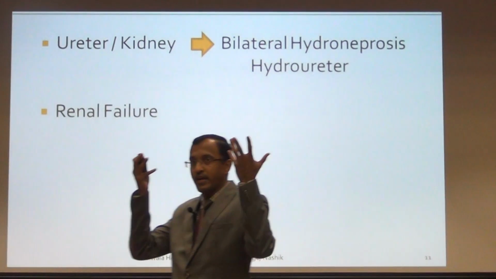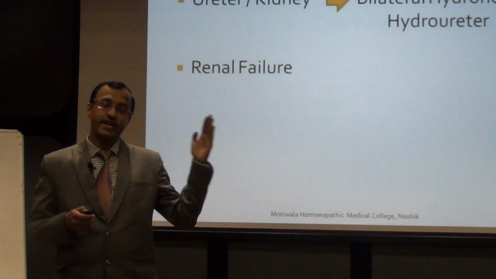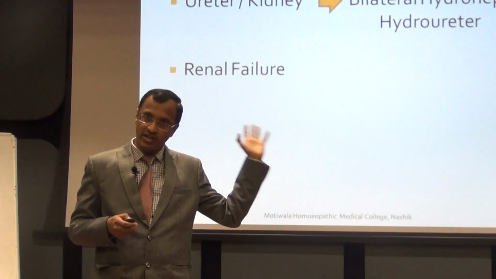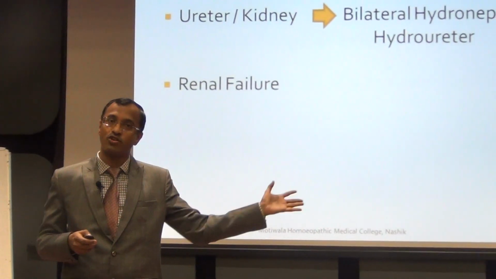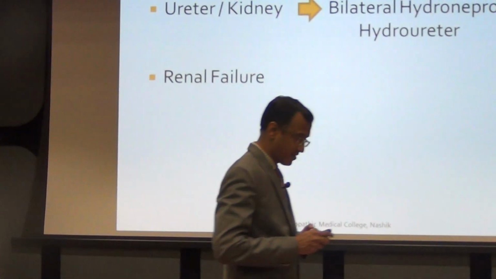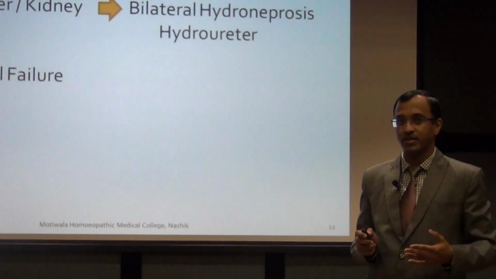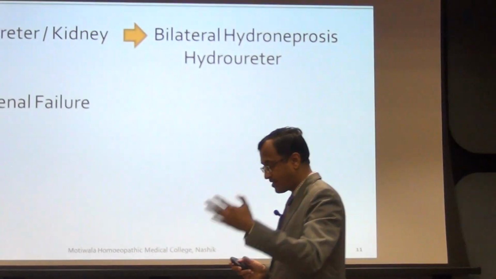So hydroureter and hydronephrosis. When we dealt with hydronephrosis as a topic and renal calculi, you might have understood the significance of hydronephrosis. There are three levels of hydronephrosis: mild, moderate and severe.